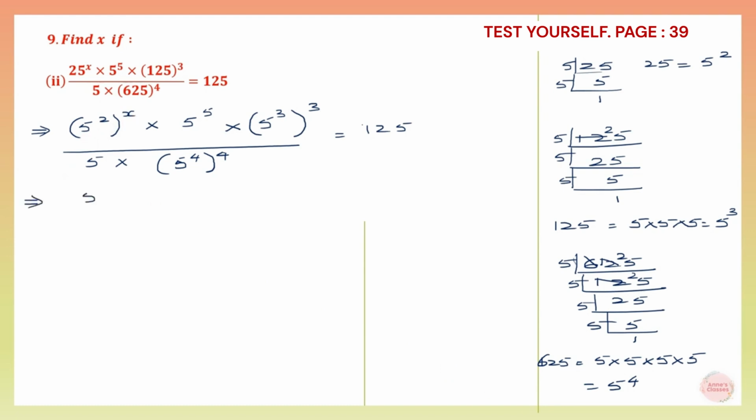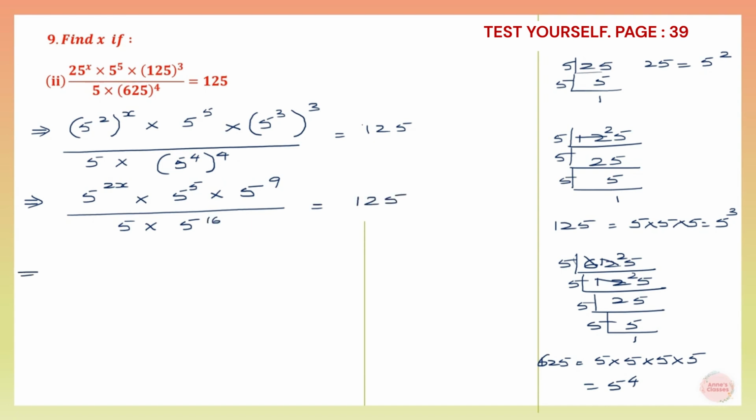So now this becomes 5 raised to the power of 2x into 5 raised to the power of 5 into 5 raised to the power of, here also we could say 3 3s are 9. Multiply the powers. So we have 5 raised to the power of 9, and in the denominator we have 5 into 5 raised to the power of, here we have 4 into 4, which is 16. 5 raised to the power of 16, and all this is equal to 125.